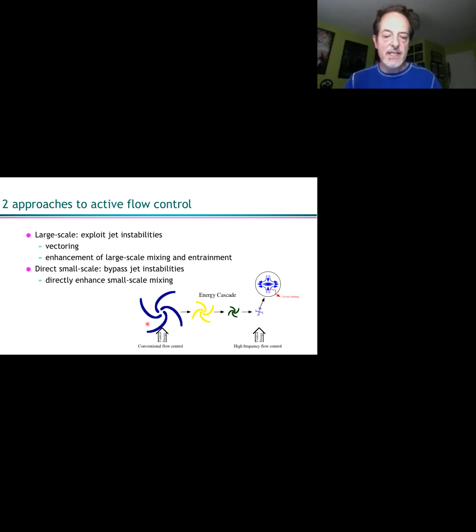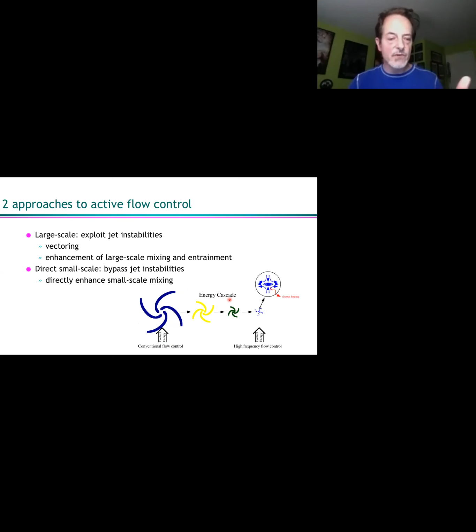And that's typically done by putting in energy to influence the largest scales of the turbulent flow or the transitional flow. This could be done for something like vectoring. This could be done to enhance large-scale mixing and entrainment into jets. There are lots of different applications of that.